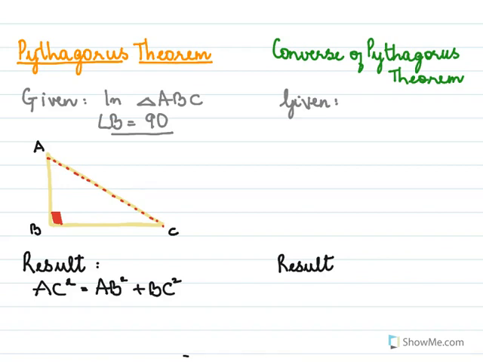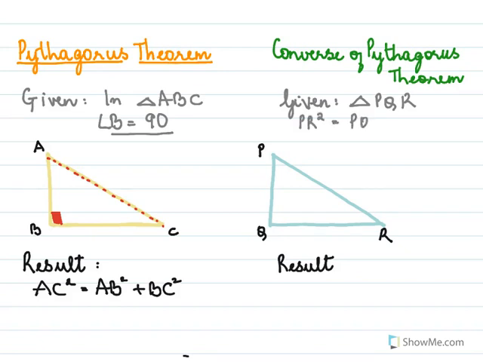Now, when it comes to converse of Pythagoras theorem, here again we have a triangle. So a triangle PQR, and in this triangle it is given to you that PR square equal to PQ square plus QR square. If that is the case, then we can say it is a right-angled triangle.